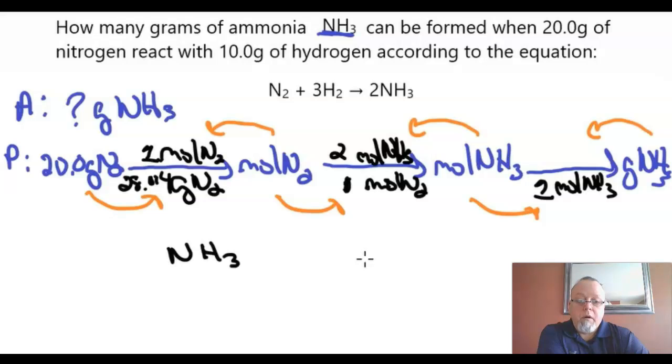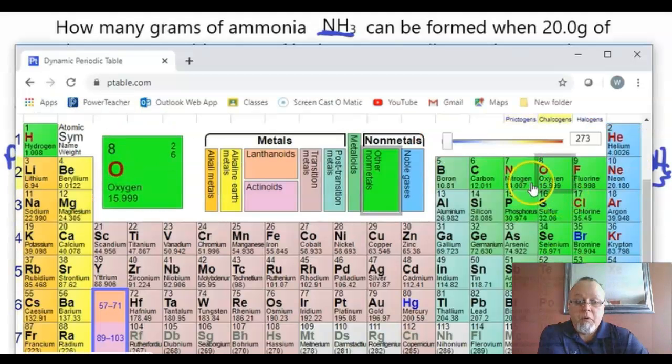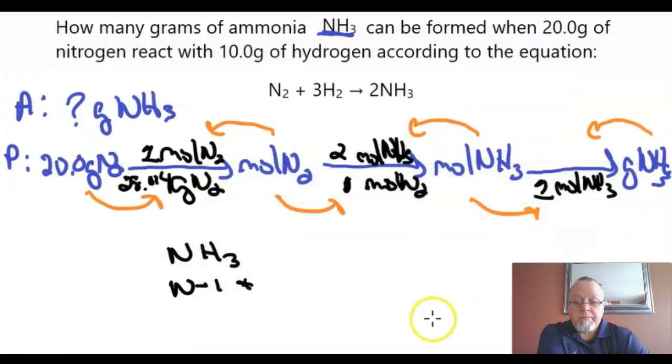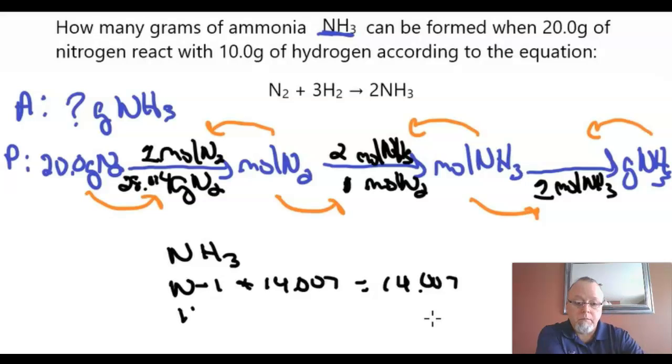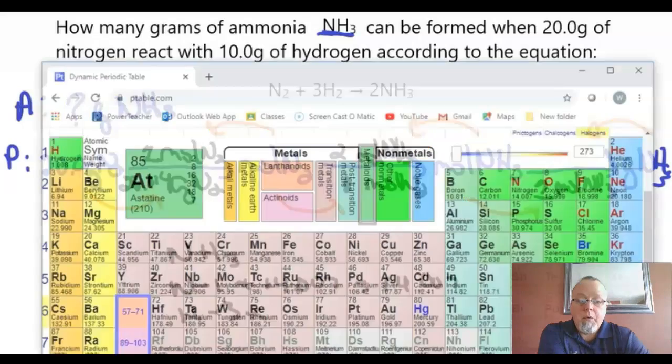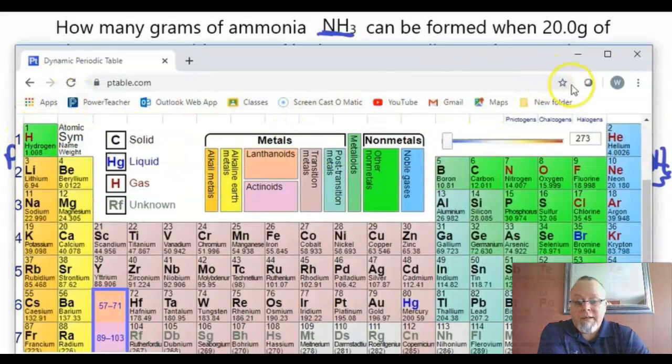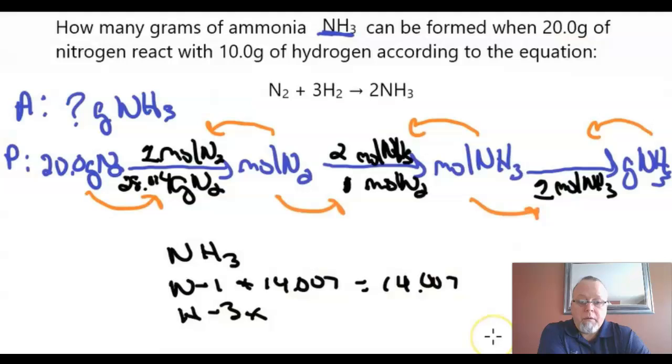So in NH3 there is 1 nitrogen. 1 nitrogen times 14.007, the molar mass, gives us a total of 14.007 grams from nitrogen in NH3. Hydrogen, we have 3 hydrogens. Hydrogen has a molar mass of 1.008 times 3, which gives us a total of 3.024 grams.